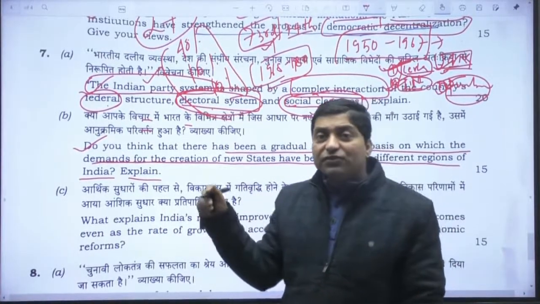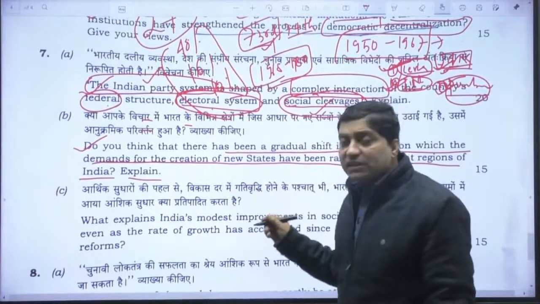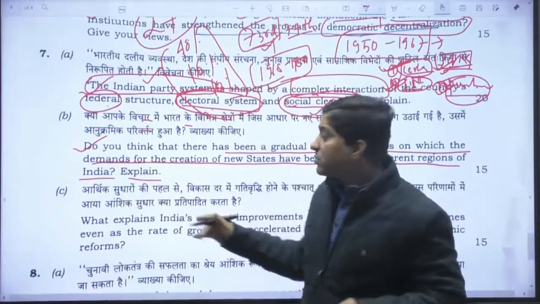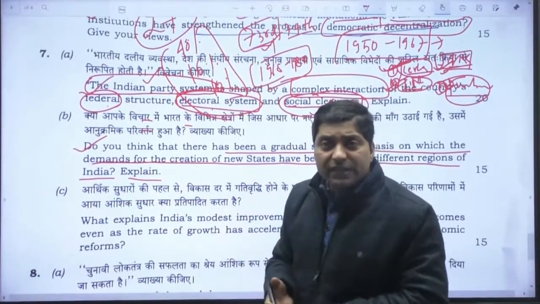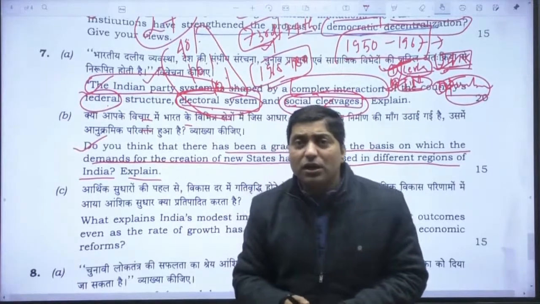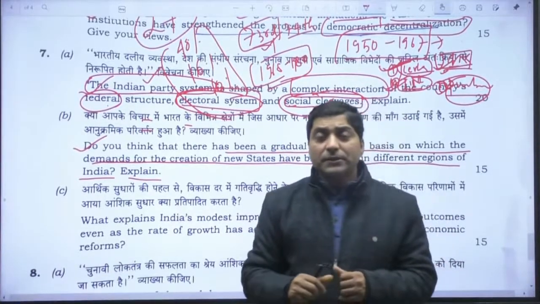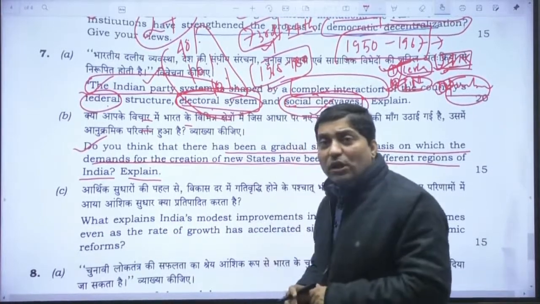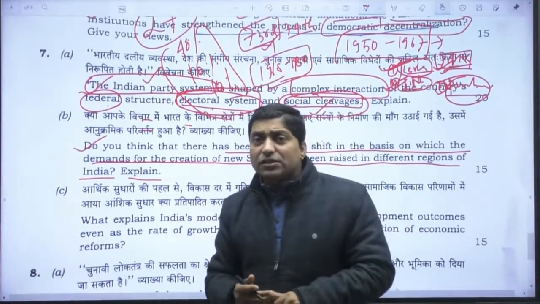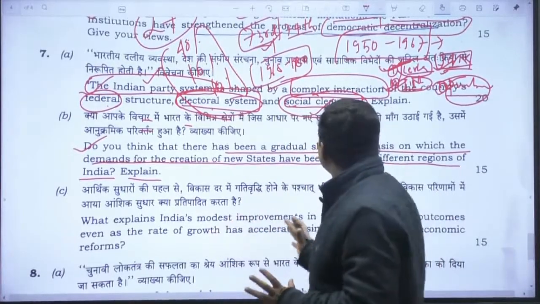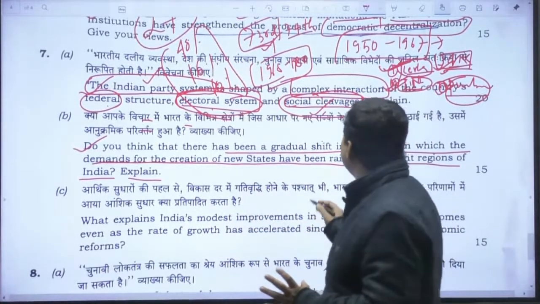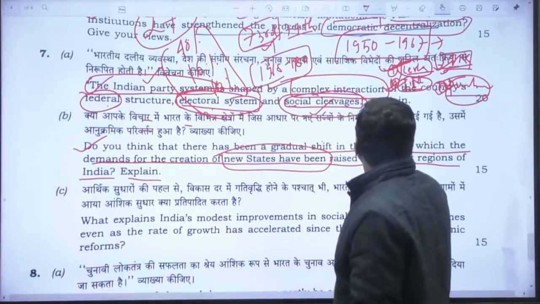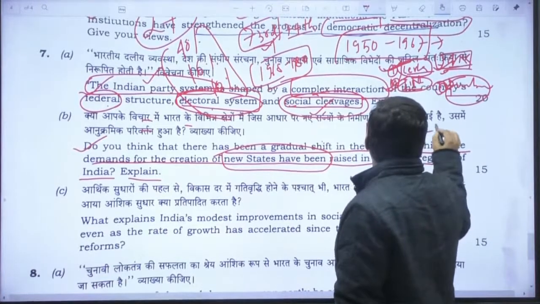But after the States Reorganisation Act 1956, states were organized on the basis of language, like Andhra Pradesh, Tamil Nadu, Maharashtra, Haryana, Punjab. Many states were created on the basis of language. So language and cultural homogeneity were the basic criteria for the creation of new states from 1950 to 2000.